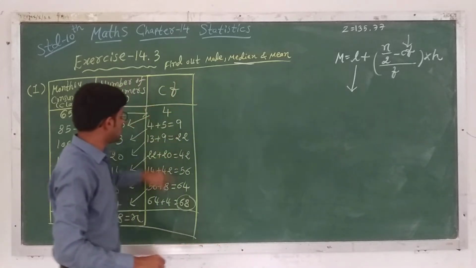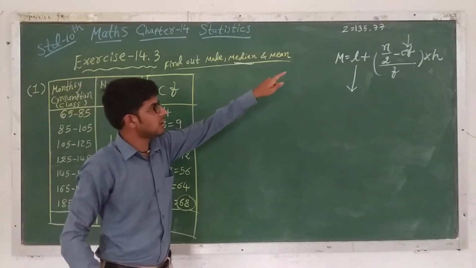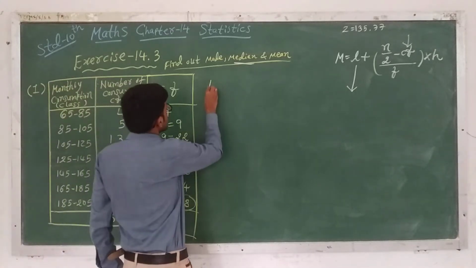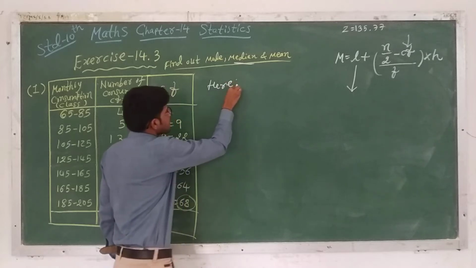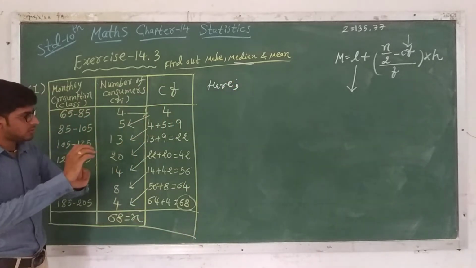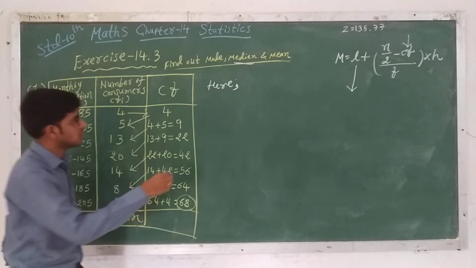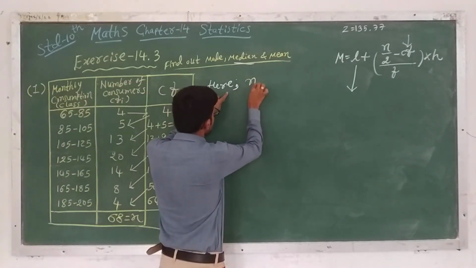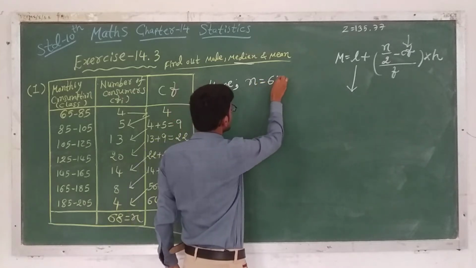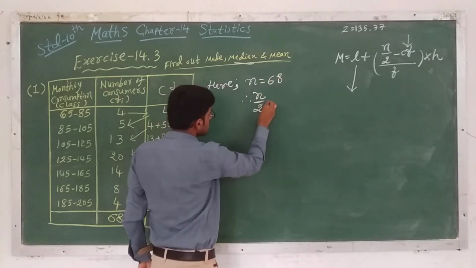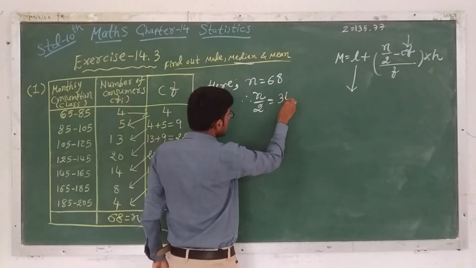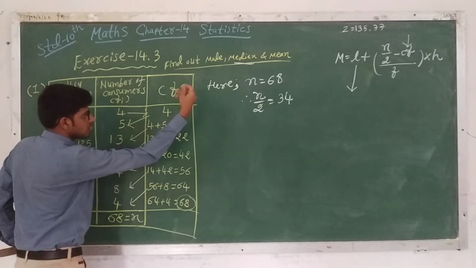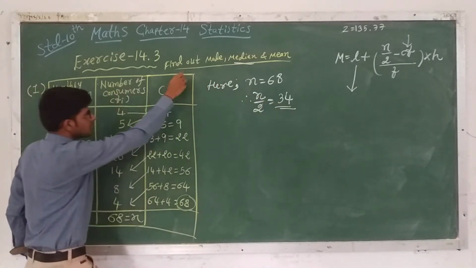Now we have to write down the values of L, n by 2, CF, F and H first. So first of all we have to find the median class. For finding the median class we have to find out n by 2. So here n is equal to 68. Therefore n by 2 is equal to 34. Now we have to check this value in the CF column.